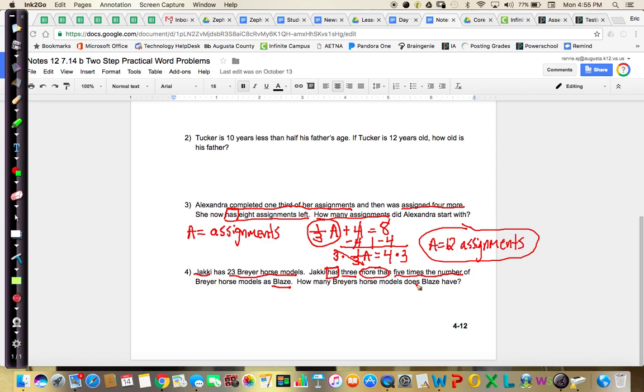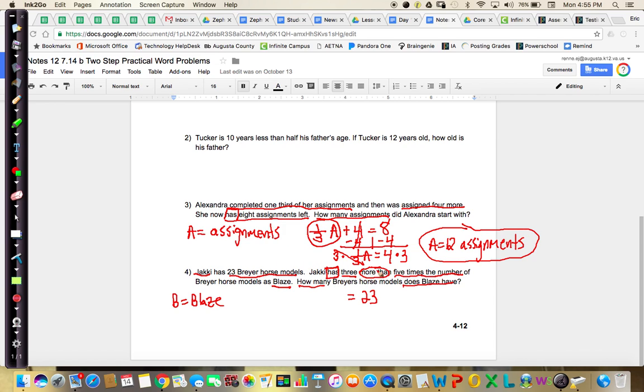How many Breyer horse models does Blaze have? So how many does Blaze have? So B equals Blaze. Okay, so we know Jackie equals, and we know how many Jackie has. So we know if Jackie equals, then the equation is going to equal 23. Okay, I could have started with 23 equals, but I always like to put it at the end. That's just a preference.